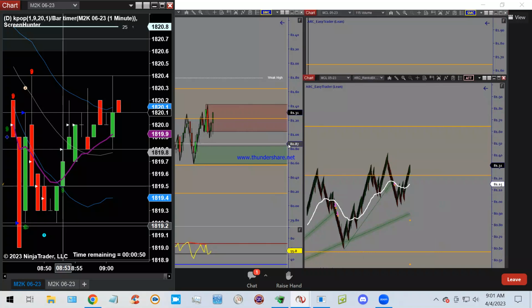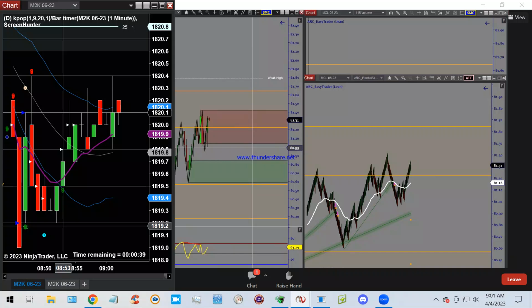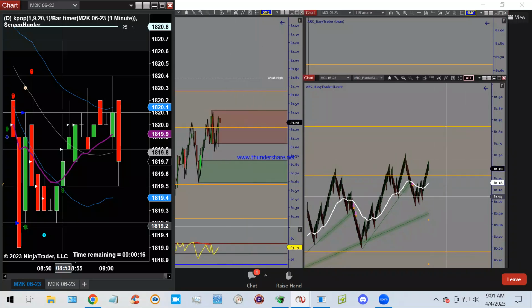Crude's going to try and break these highs. Still in some resistance, some supply.